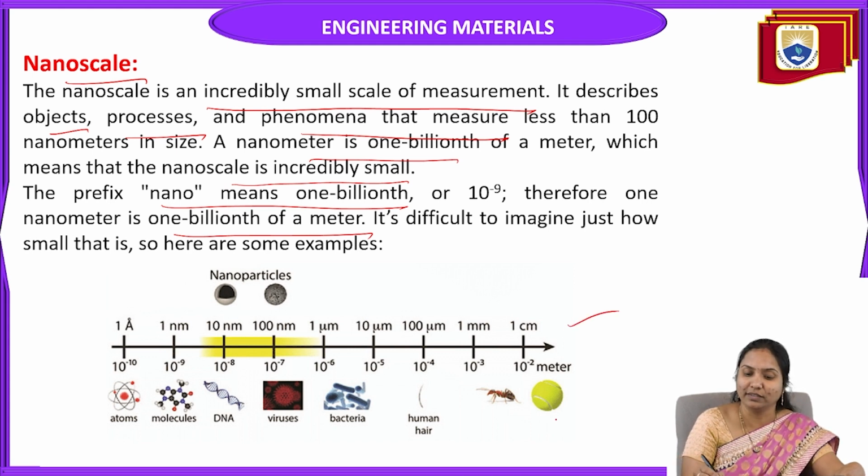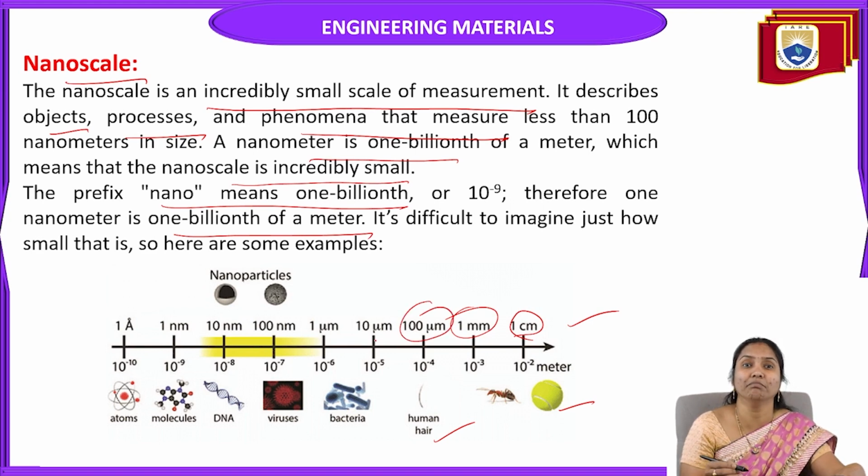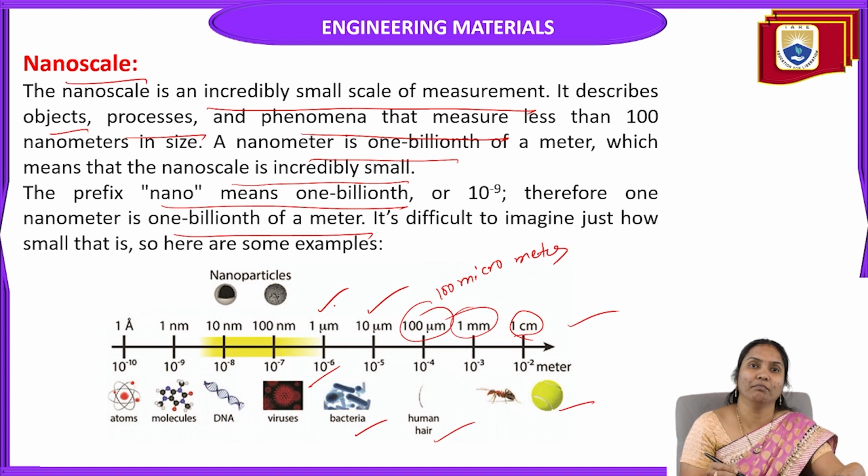For example, this ball, we can see it; its size is 1 centimeter. An ant's size is 1 millimeter. We can see this. Human hair is about 100 micrometers, which we can also see. Bacteria are about 10 micrometers, and a virus is about 1 micrometer.